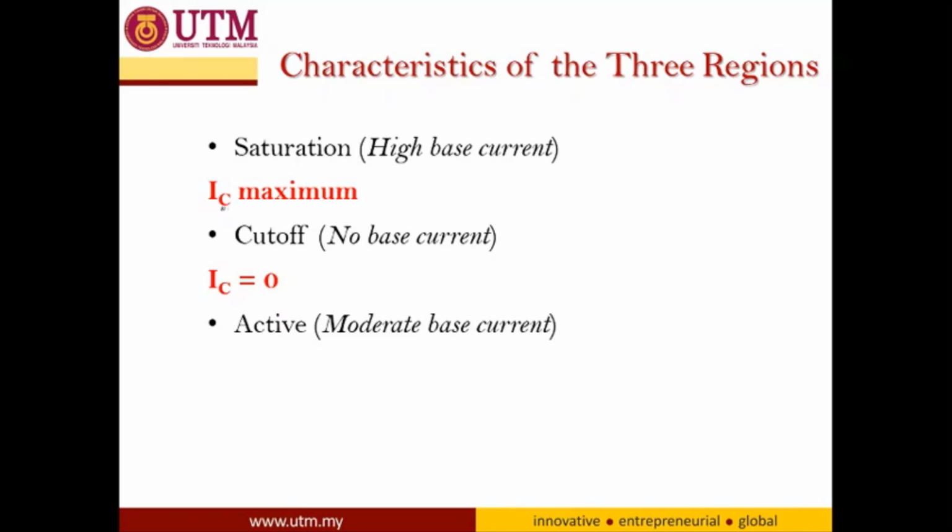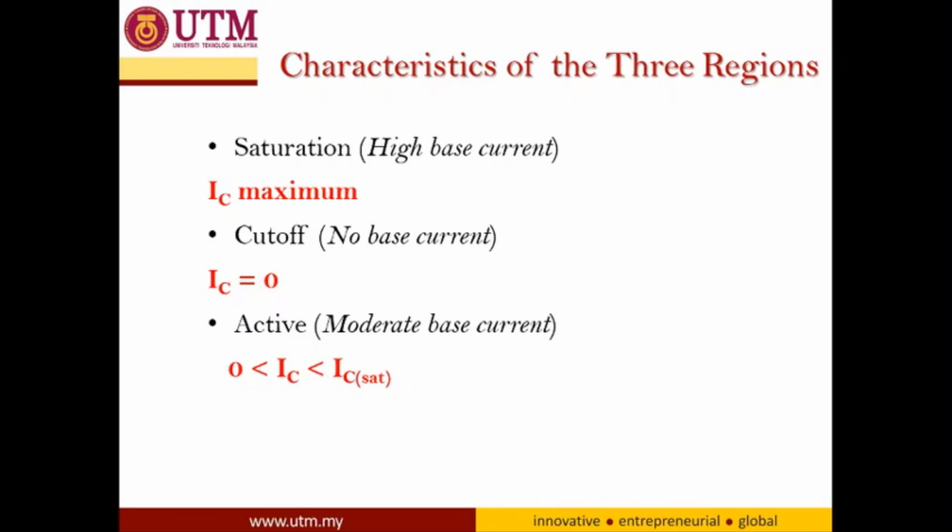And then IC is maximum because the resistance is very low. Cutoff means that both base-emitter and collector-base are in reverse bias, so no electrons move across the PN junction, and there is no collector current and no base current.